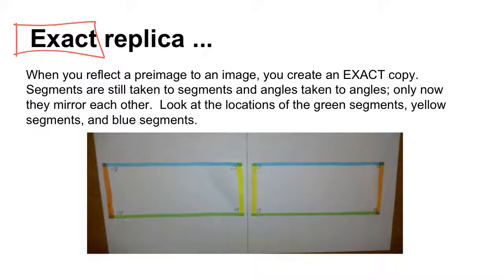Our blue side stays on top. Our green side stays on the bottom. Our yellow side, which is closest to our line of reflection, stays closest to our line of reflection. And I think this is supposed to be a brown side. Our brown side, which is furthest away from our line of reflection, stays furthest away.